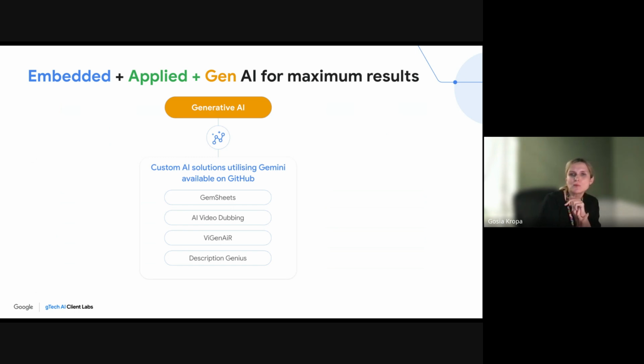But if you don't know where to start, our customer engineering teams have released a host of fun solutions that will give you a little preview of the capabilities of Gemini in digital marketing. Okay, I realize the code names, Gem Sheets, Visionaire, can be a little bit of a mystery now, but don't worry, I will come back to these exciting solutions later on, and you learn about the power of Gen AI here.